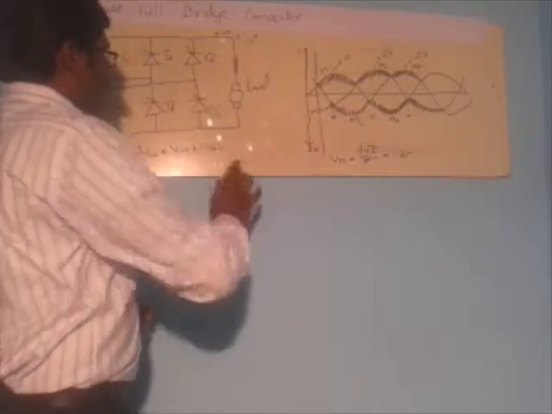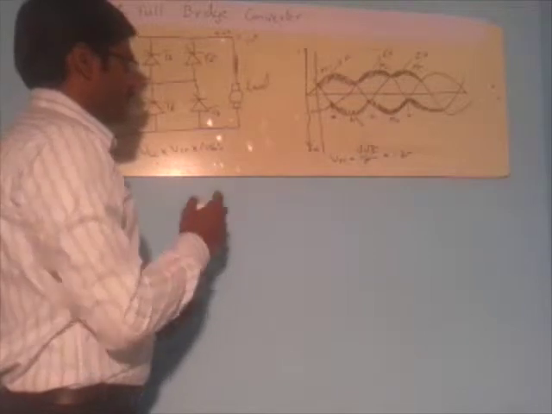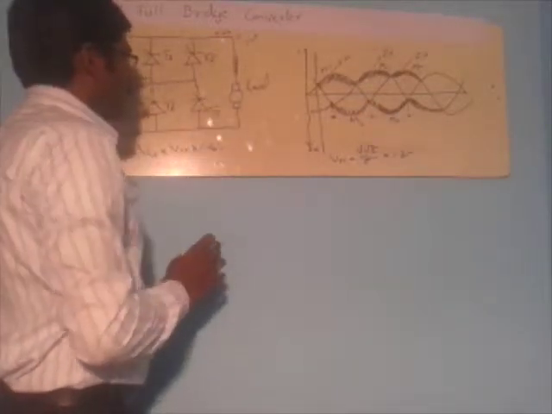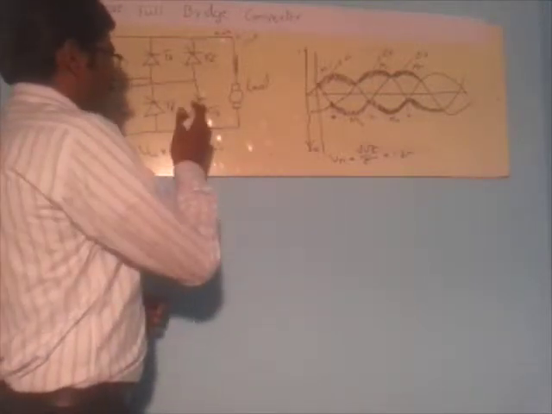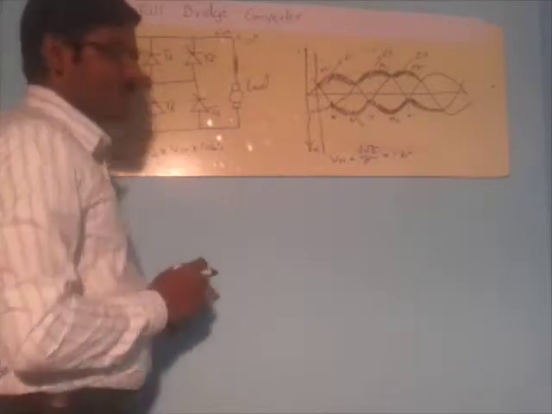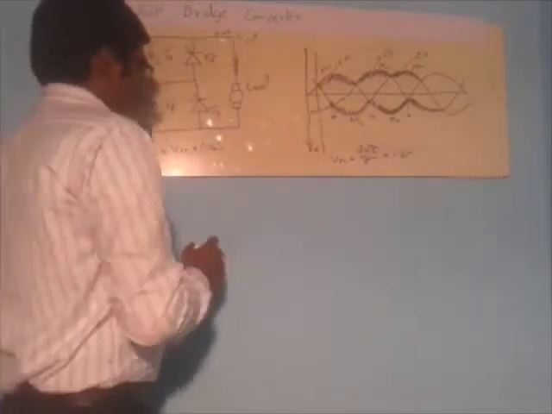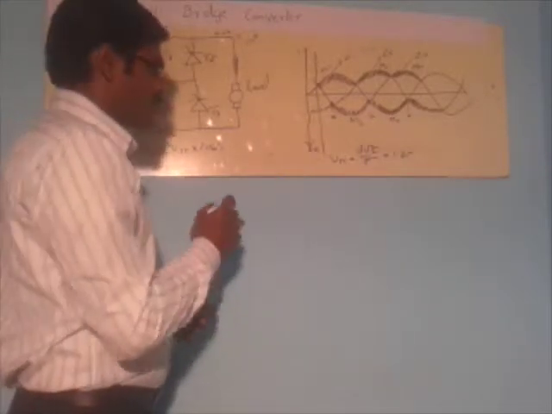In case of a controlled rectifier, firing angle is one of the important things, because we control the output voltage of the rectifier by delaying the current transition from one thyristor to another by an angle alpha. So cos alpha is very important.